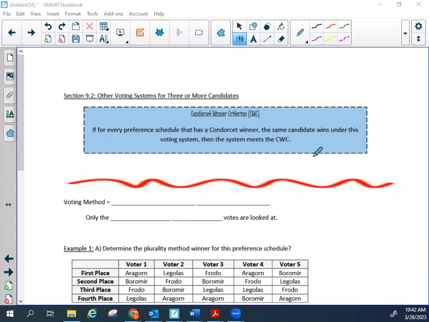And really what that means is, if you go back to the last video with Condorcet's method, if we take one of these 6 new methods that I'm about to teach you, and using Condorcet's method would produce the exact same winner, then we say it meets the CWC. If I use one of these 6 new methods, and then if I do Condorcet's method, a different winner emerges, then we say it does not meet the CWC.